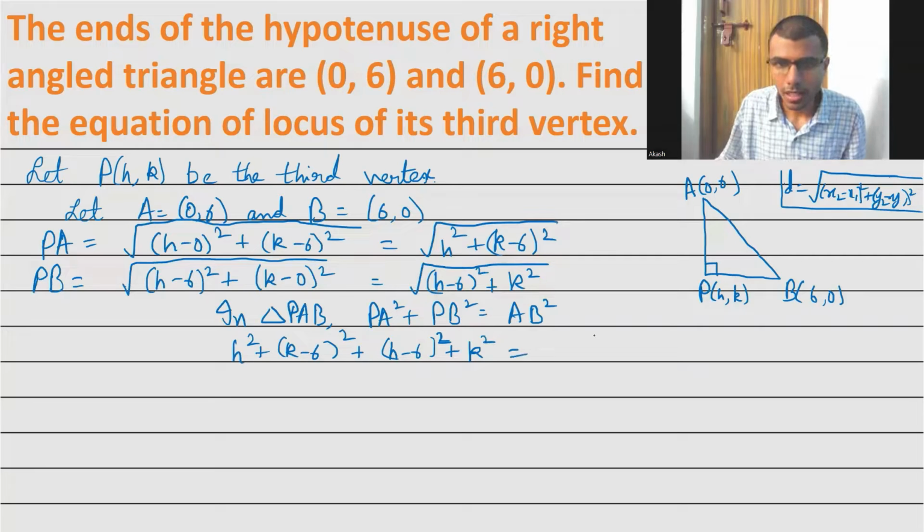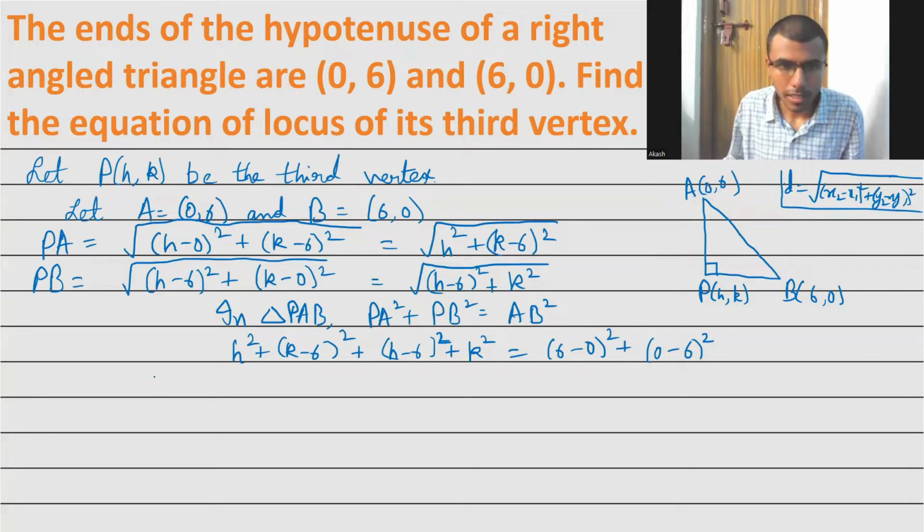This is nothing but AB square, which would be (6 minus 0) whole square plus (0 minus 6) whole square.